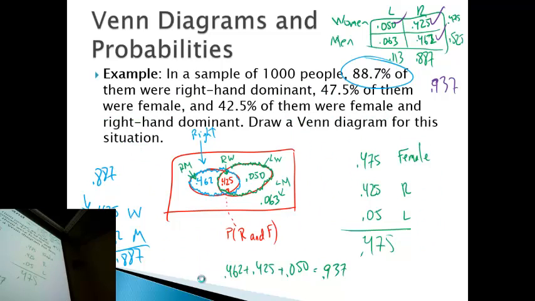Right-handed dominant or female is all the purple. Who's left over? The men that are left-handed. I'll use a different color. Let's go blue.